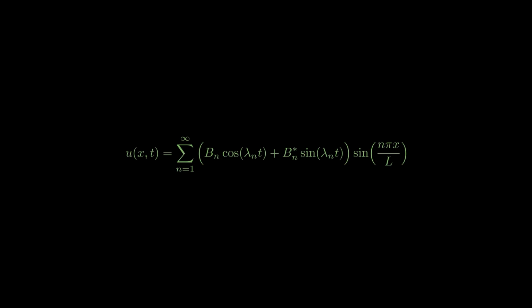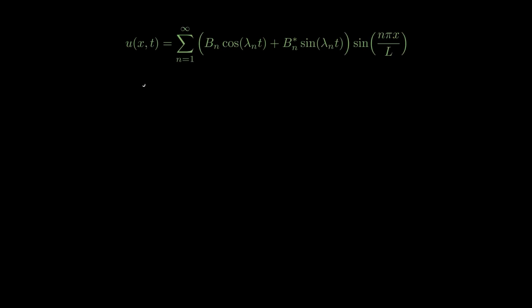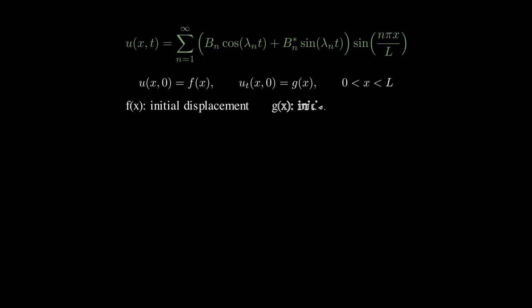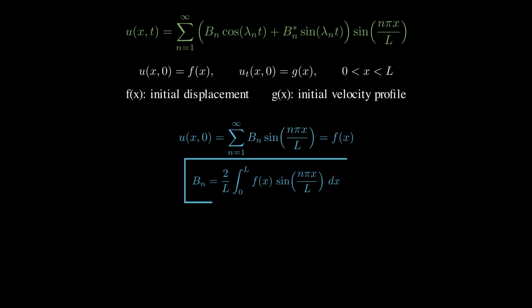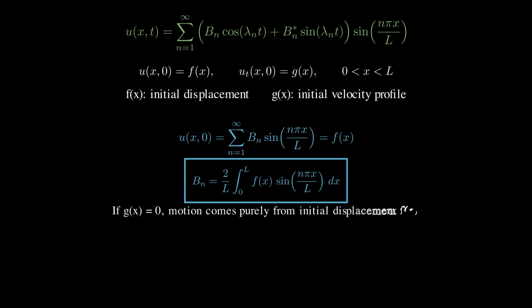To solve for those constants, f of x will be our initial displacement, and some g of x function will be our initial velocity profile. In the case where we don't have a velocity, where we only have a given initial displacement, we can solve for the constant bn using Fourier series, as we have already covered before.